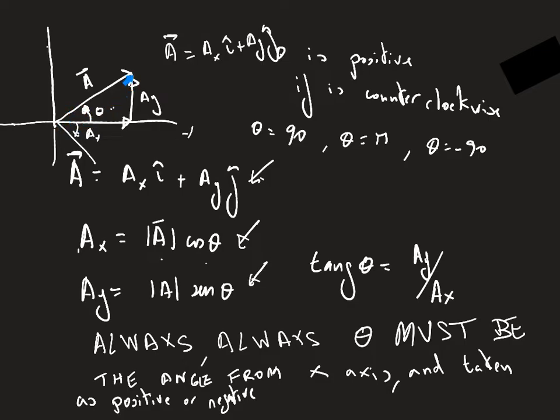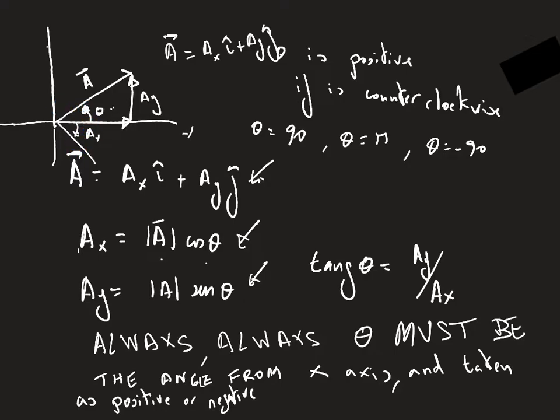So you can always use these equations to calculate the components of a vector, but you must be very, very careful. Theta must always be the angle from the x-axis and taken as positive or negative depending on whether the angle is counterclockwise or clockwise.